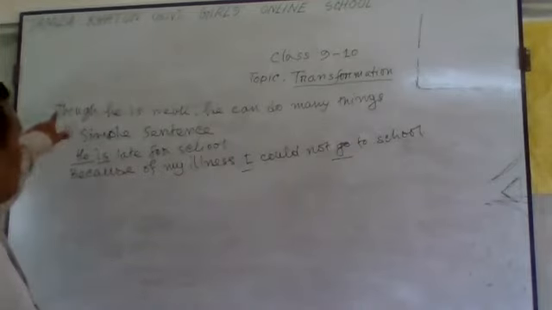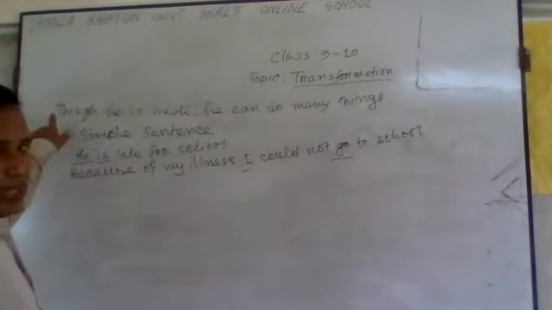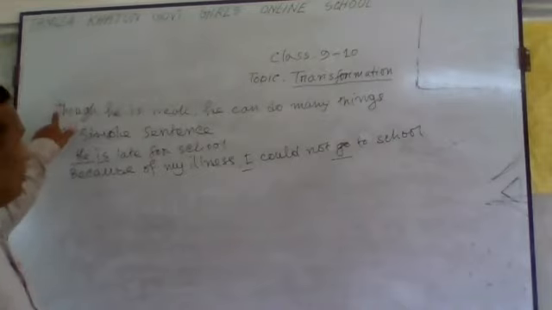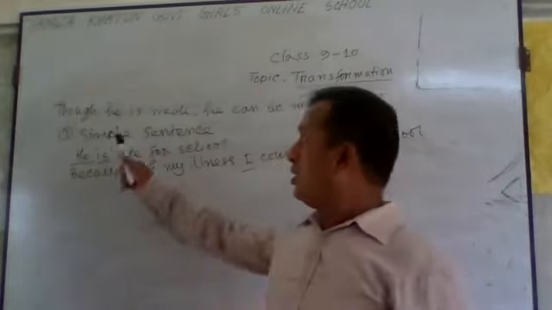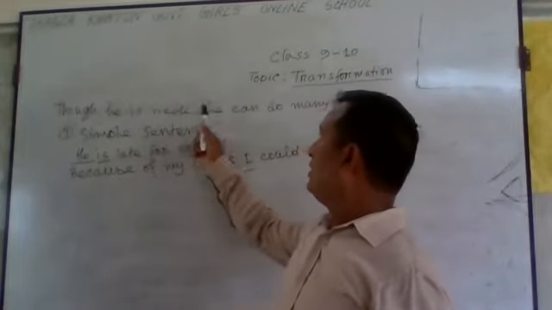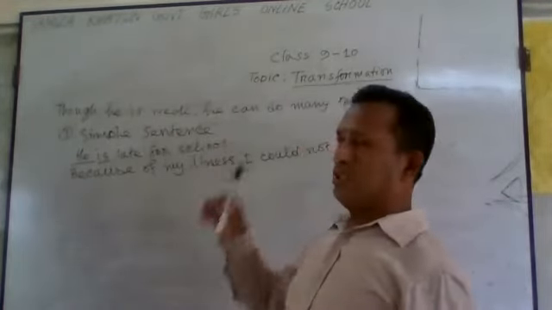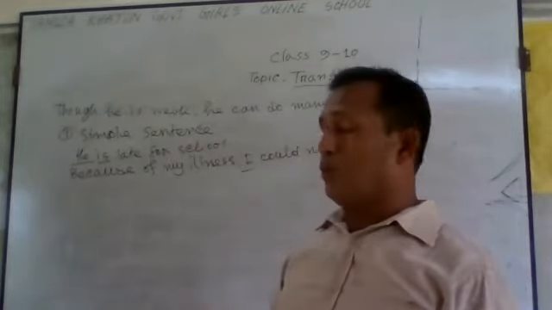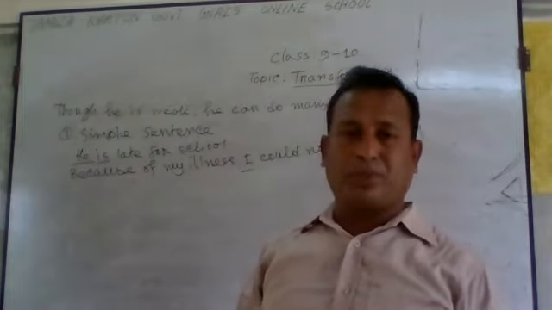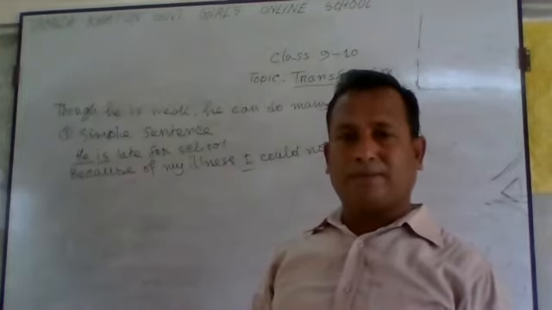Maybe you look at my first sentence. This is the complex sentence. Though he is weak, he can do many things. In Bengali meaning, যদিও সে দুর্বল সে অনেক কাজ করতে পারে. Okay.